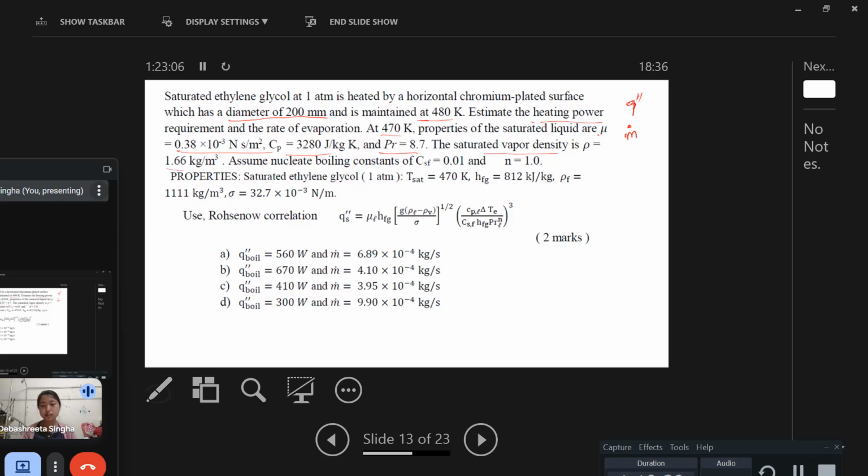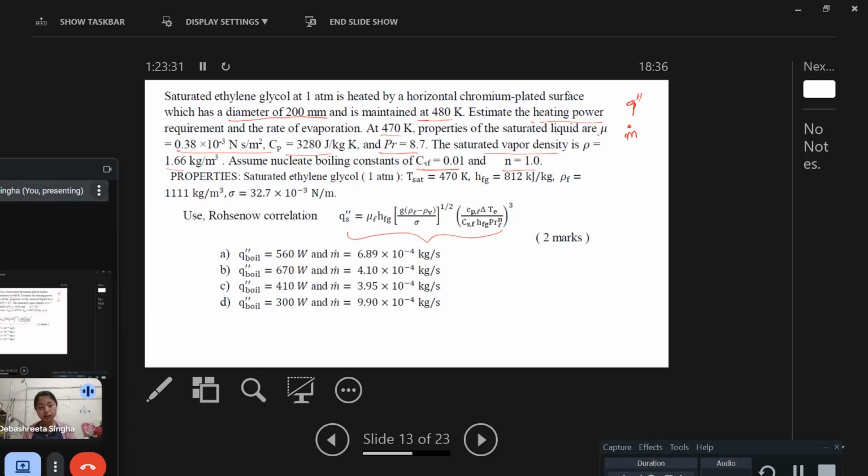The density is given as 1.66 kg per meter cube. Now assume nucleate boiling constants. This is the constant Csf equal to 0.01 and n equal to 1.0. So all these terms you get in this equation.